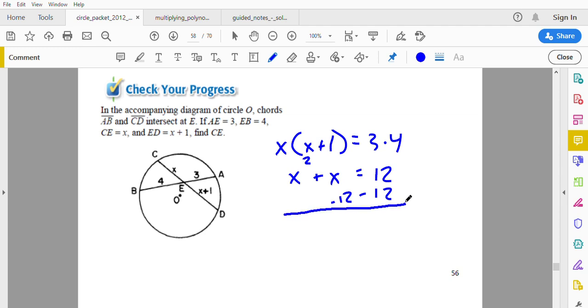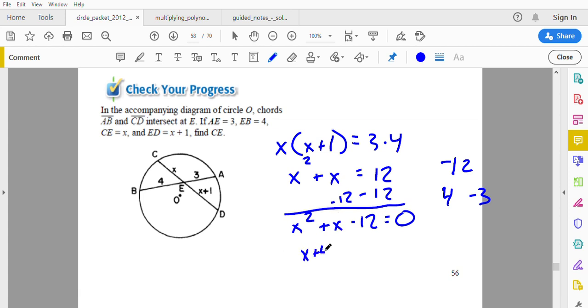We're going to set it equal to 0 so we can solve again by factoring. What are my factors of negative 12 that add up to positive 1? Well, that's going to be 4 and negative 3. 4 times negative 3 multiplies to make negative 12. 4 plus negative 3 adds up to positive 1.